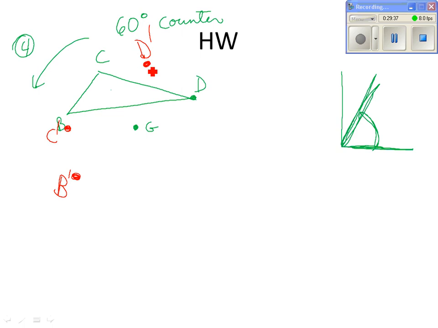So if I connect this point right to the center of that triangle, you know, it's hard to decide where the center of a triangle is. You can't really make a center. It should rotate right over to here 60 degrees. Center there. And you don't have to connect to the center. You could connect to any point on that triangle, and rotating it 60 degrees should put it in the same place regardless.